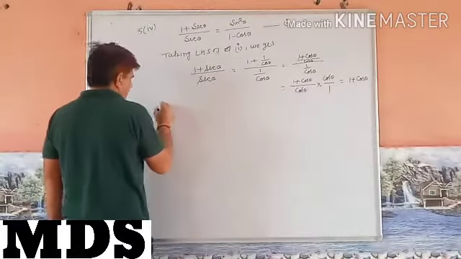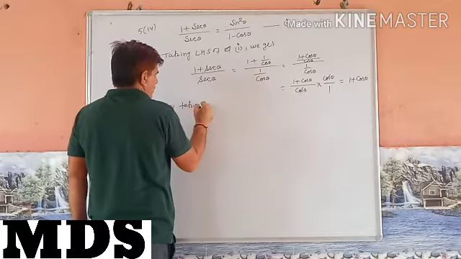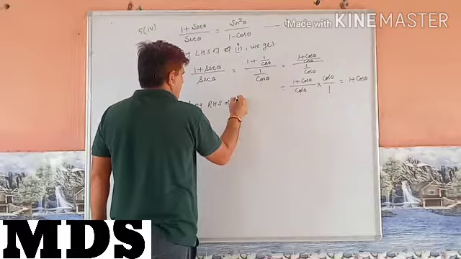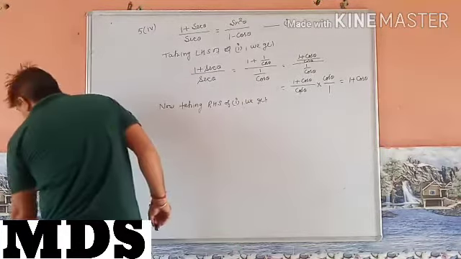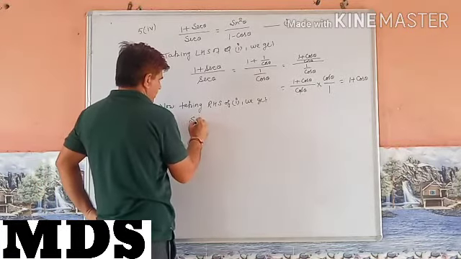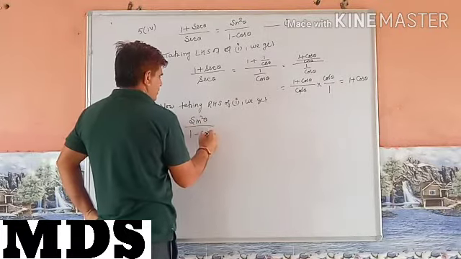Now taking RHS of first, we get, you have to take RHS. What is RHS? This is sin square theta by 1 minus cos theta.